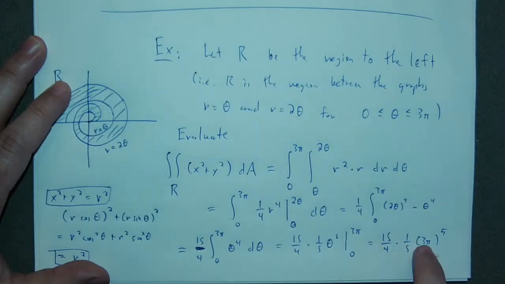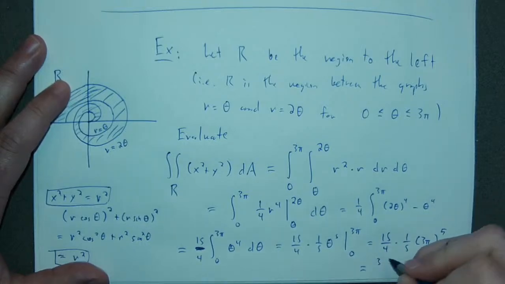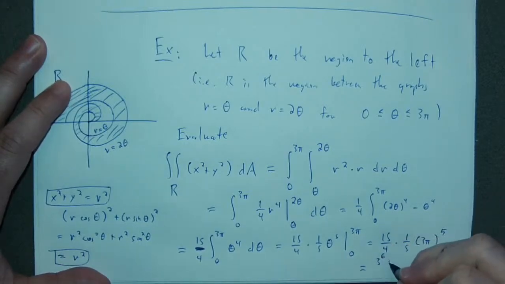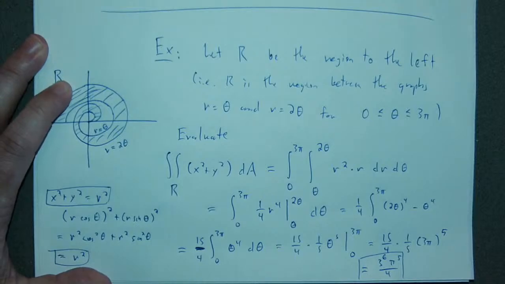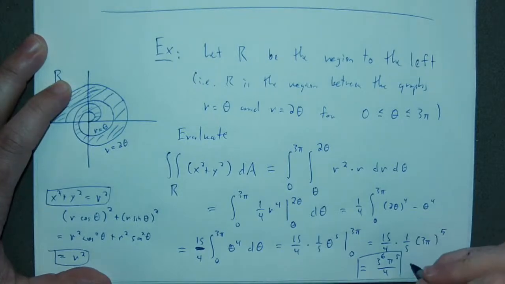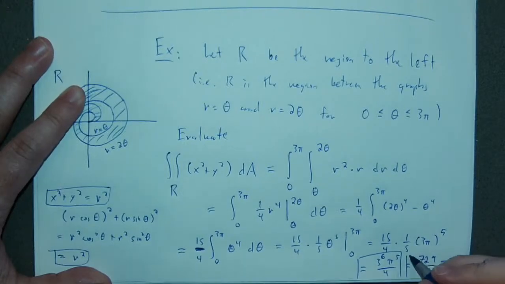So then I have 3 to the 5th times 3 times pi to the 5th. So that's 3 to the 6th, pi to the 5th over 4. That's good. So I think that's right. 3 to the 6th, what is that? That's 729. So this is 729 over 4 times pi to the 5th. Either of these is perfectly fine.